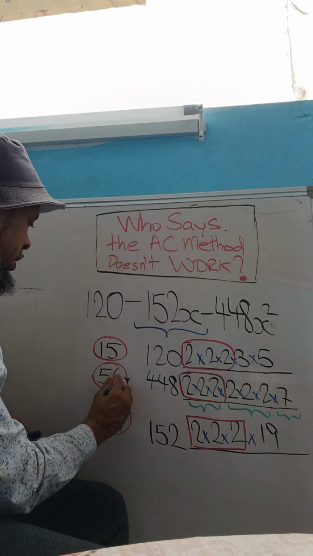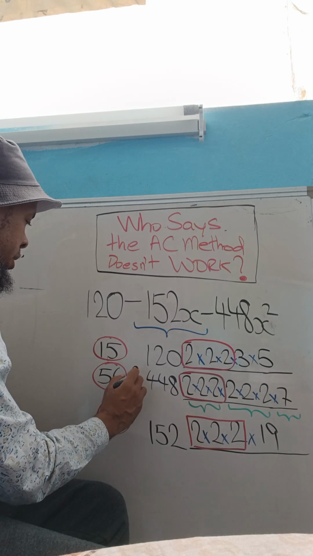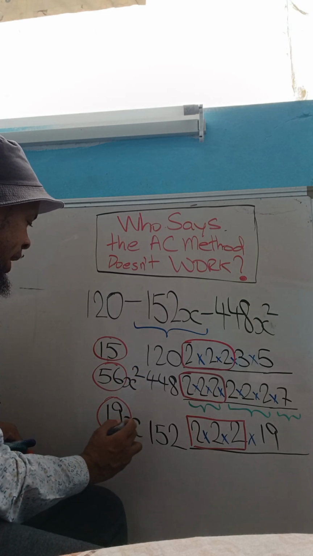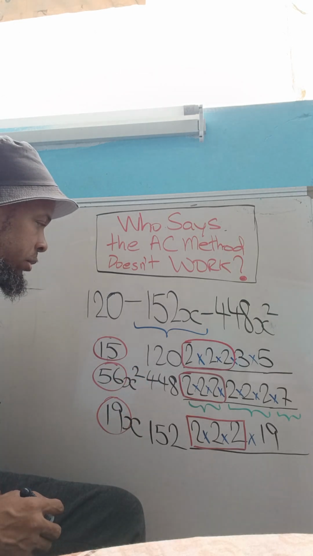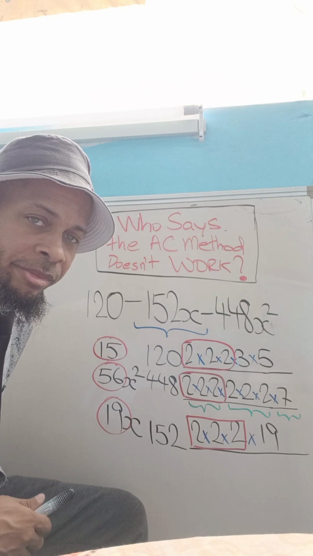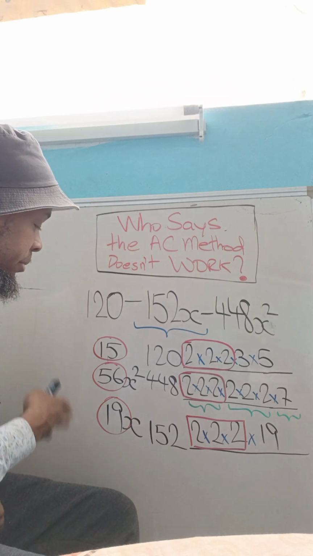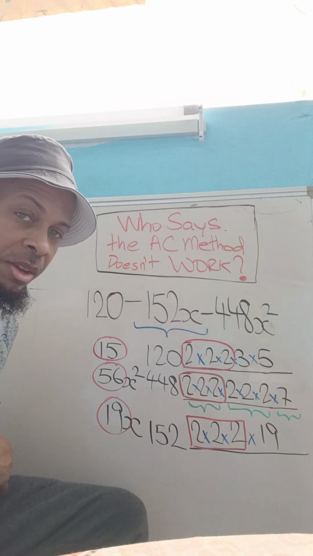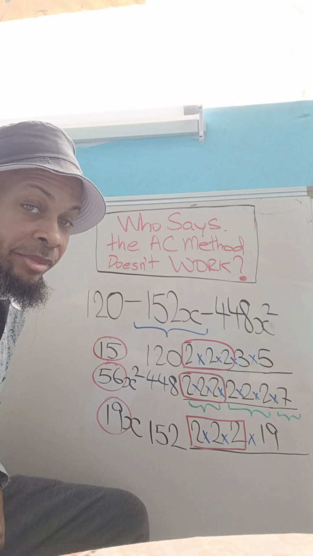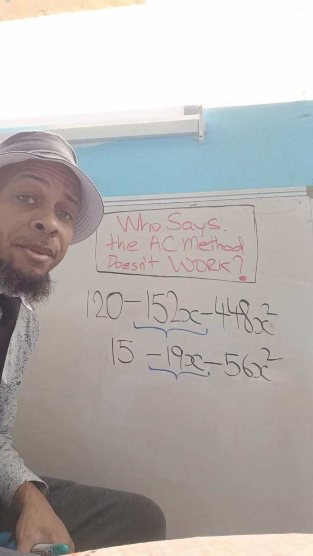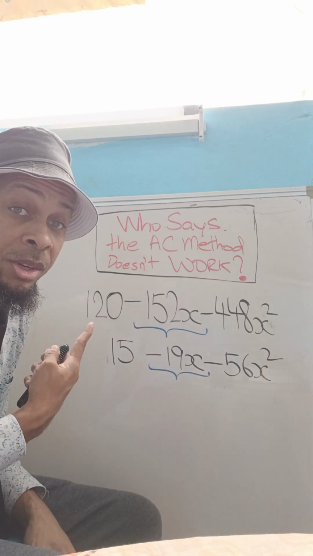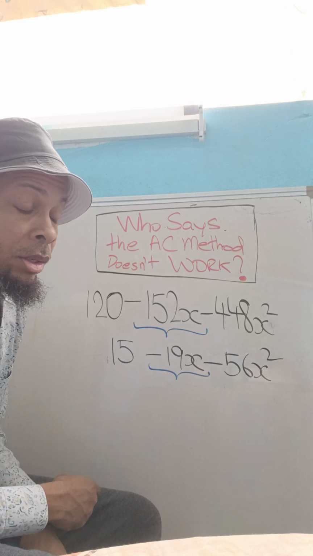So this will be the x squared here. This will be the x. Let's see if we can remember that. Okay. You see how we went from that to this?